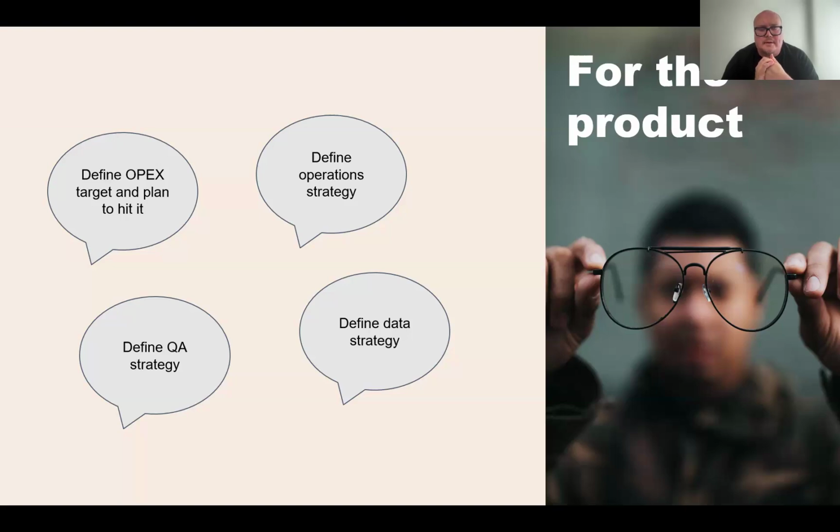What's our operation strategy? What's our QA, quality assurance, in this context? And what's our data strategy, again moving more closely into an AI-driven development mode and use cases? That's definitely something we need to keep an eye on.